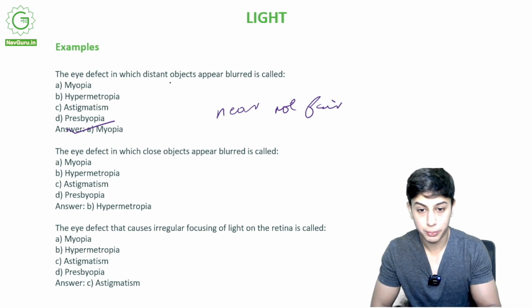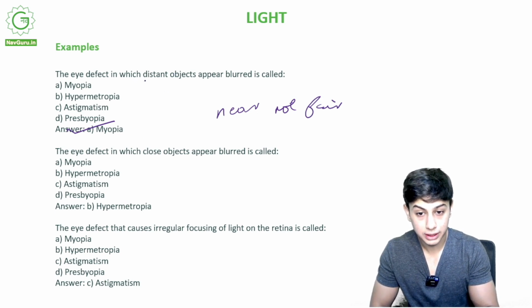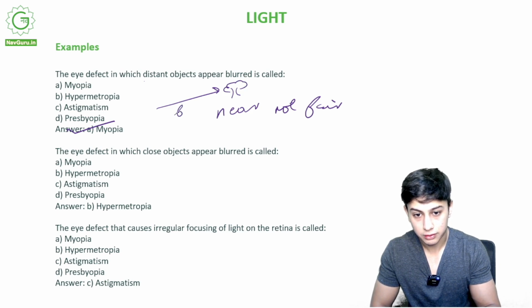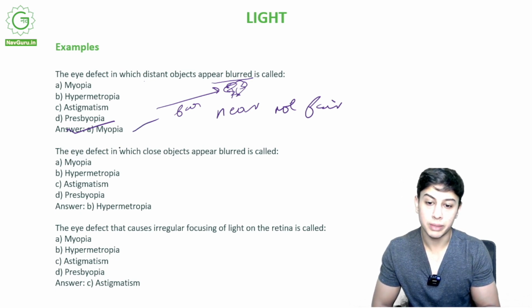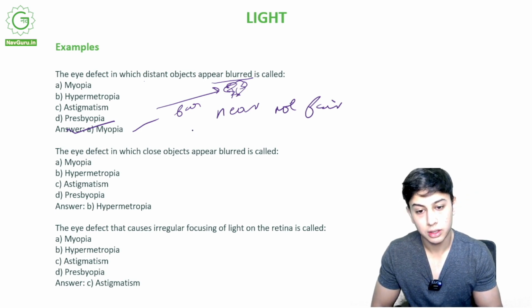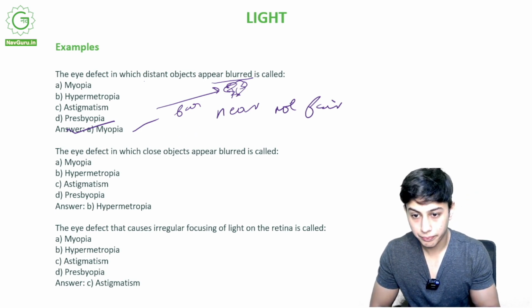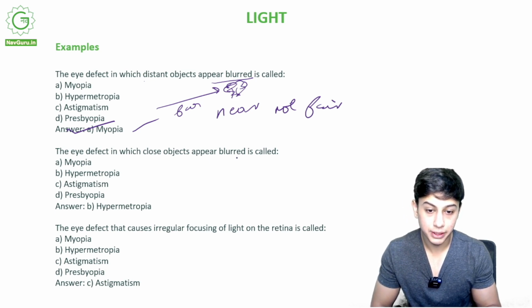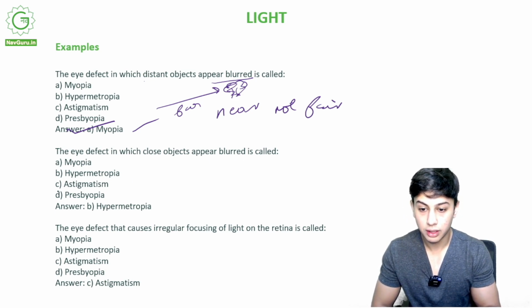That is myopia, in which distant objects, something placed far, suppose there is a tree far away, it will appear blurred. Sometimes you are not able to see the board. That is myopia. The eye defect in which close objects appear blurred is called hypermetropia.